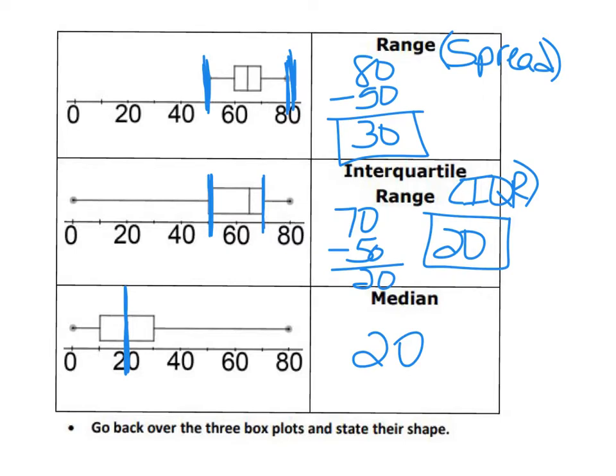Okay, you're not looking at the number line. You're only looking at the box plot. So basically, you're only looking at this part. So is it skewed left, skewed right, or symmetrical? Symmetrical. It's symmetrical.